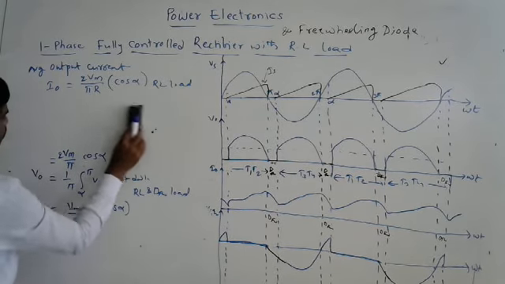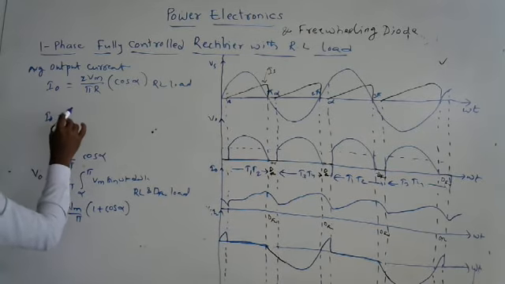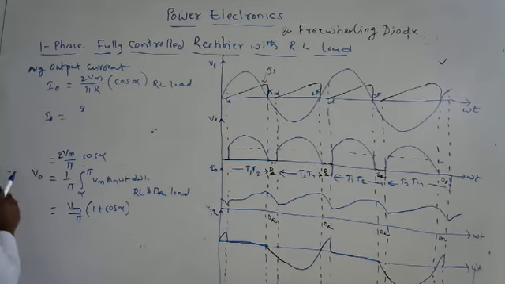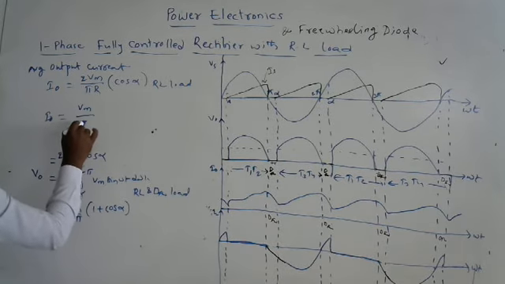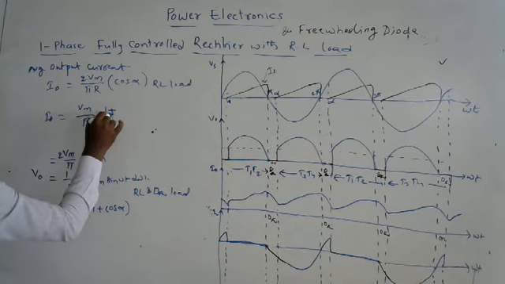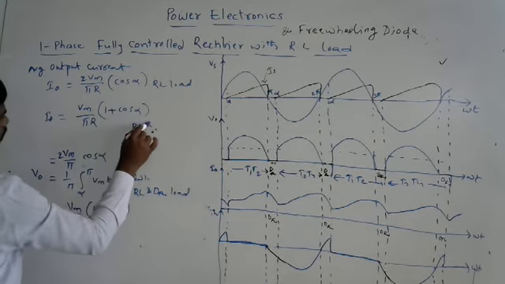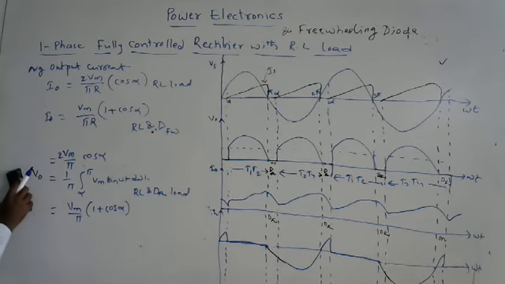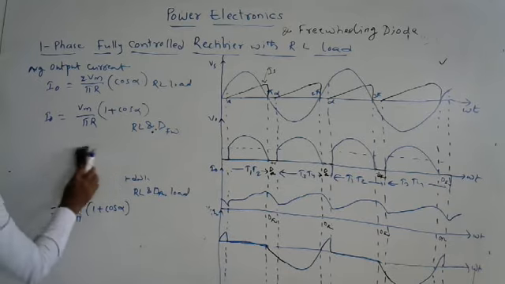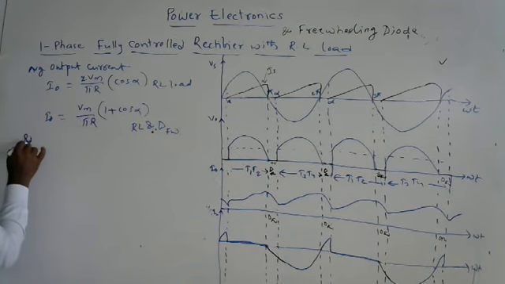Then we'll see I naught for RL and freewheeling diode, this is Vm by pi R 1 plus cos alpha. Am I clear?